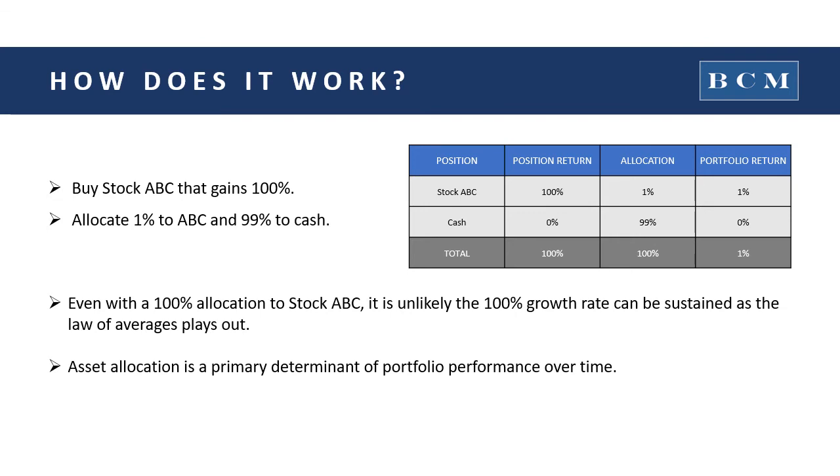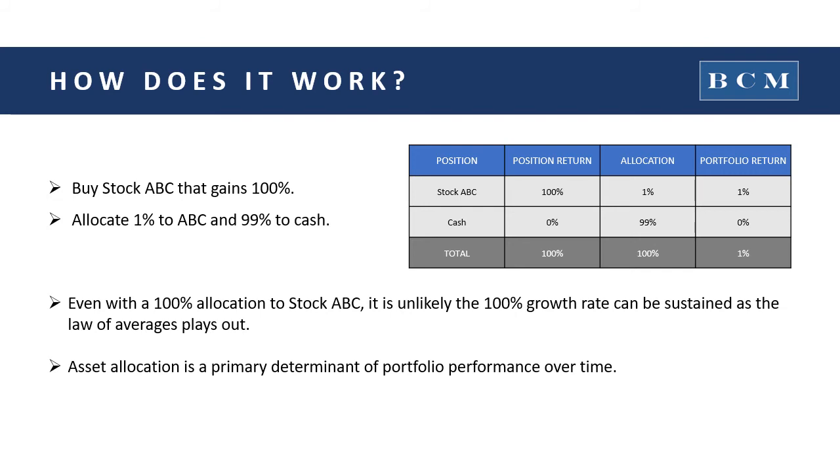Now, let's take this a step further. Let's say that I actually had the foresight and the nerve to allocate 100% of my portfolio to that stock. In that case, I really would have made 100% on my entire portfolio. I would have doubled my money. And that's great.